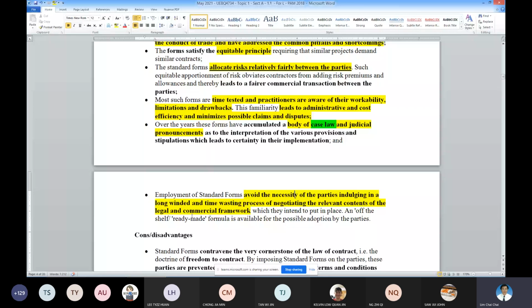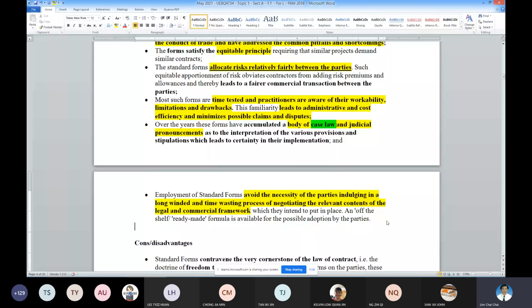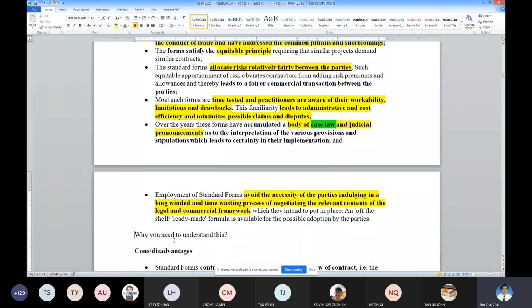Now the question is, you need to ask yourself, why do you need to understand this? Why do you need to understand the advantages? This is for you to think through. We will discuss more in the tutorial and so on. Similarly, why do you need to understand the disadvantages?